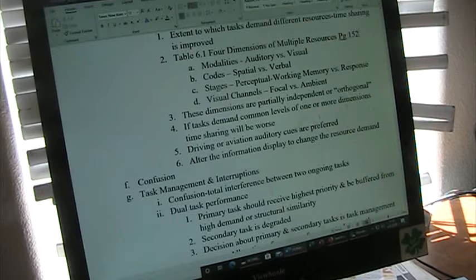So, if the tasks that we're doing in our multitasking format demand that they use common levels of our resources, or our dimensions in this case, the time sharing is going to be worse.